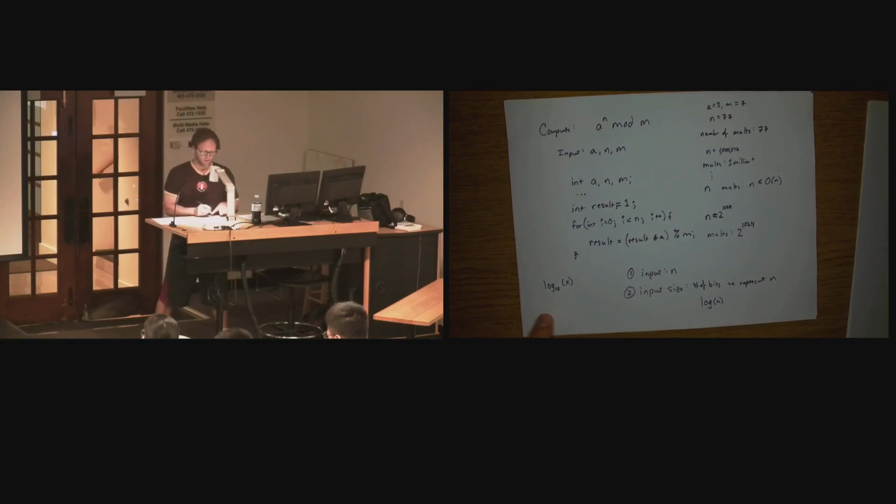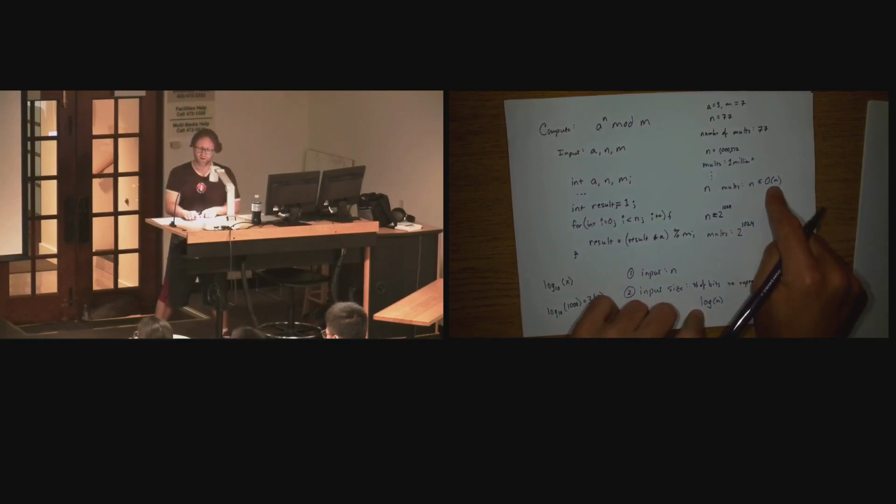What's log base 10 of 1,000? It should be 3. So plus 1 gives you the number of digits, but we ignore plus 1 because of asymptotics.